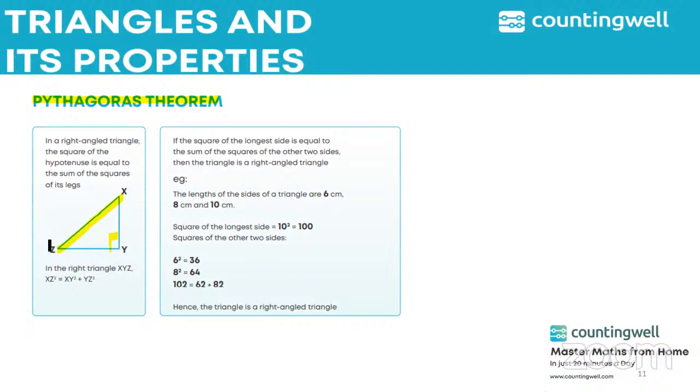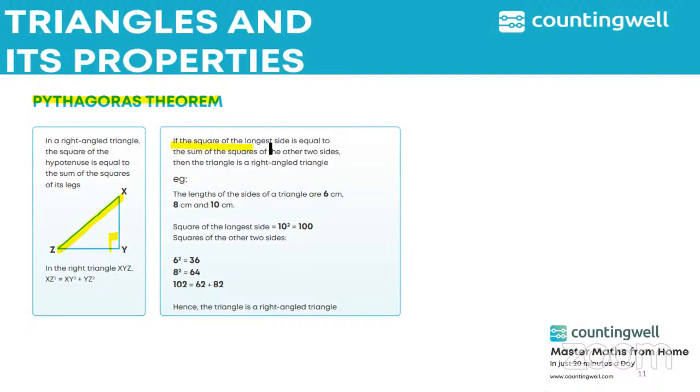So the Pythagoras theorem states that in right angle triangle XYZ, hypotenuse square, meaning XZ square, equals one leg square plus the other leg square, that is YZ square plus XY square.